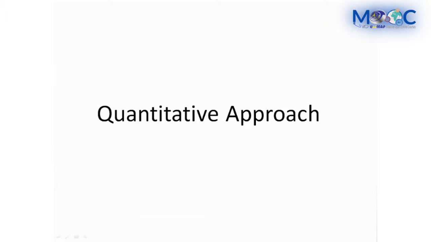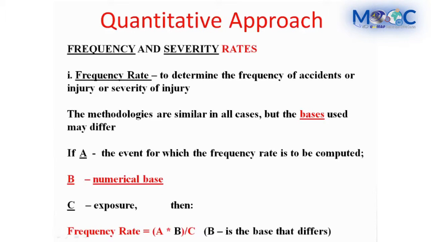Now, we move to the quantitative approach. In this approach, we use frequency rate to determine the frequency of accidents or injury or severity of injury. The rate equals to event, denoted by A, times the numerical base, denoted by B, then divided by exposure, denoted by C. Bear in mind that the numerical base may differ according to the standards being referred.